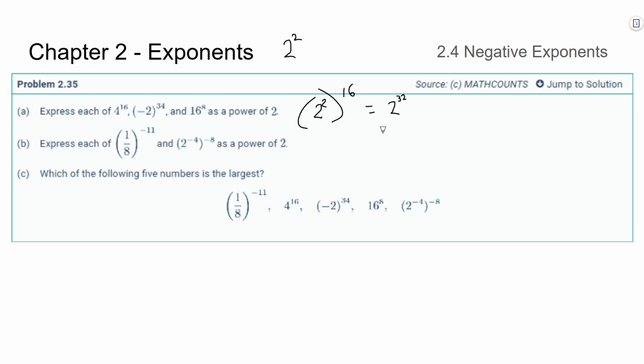Now this next one right here, we have negative 2 to the 34. Now this one is a bit tricky, but you might kick yourself when you find out what the answer is. So how do you express negative 2 as a power of 2? You can't really do it. You can't convert negative 2 to a power of 2, but we do know that if you raise a negative number to a positive exponent, it becomes positive, right?